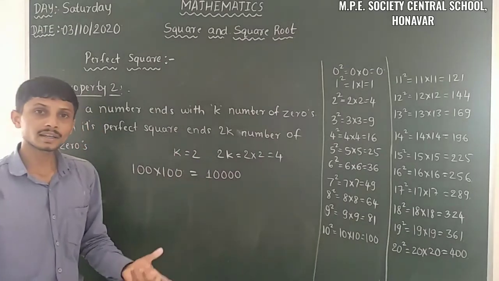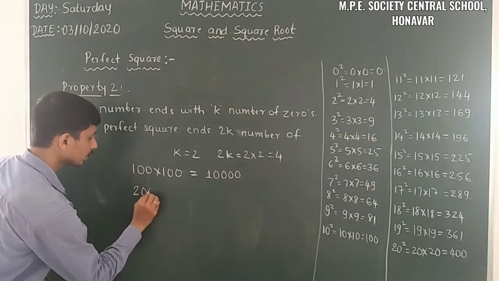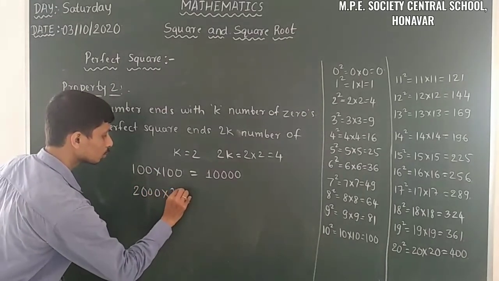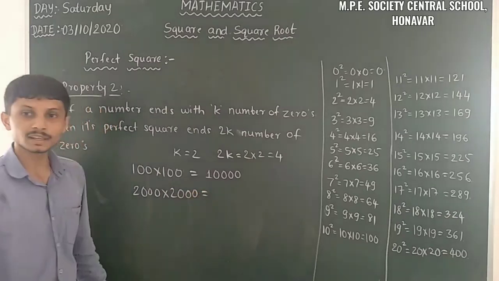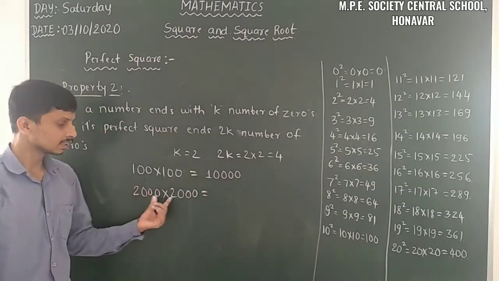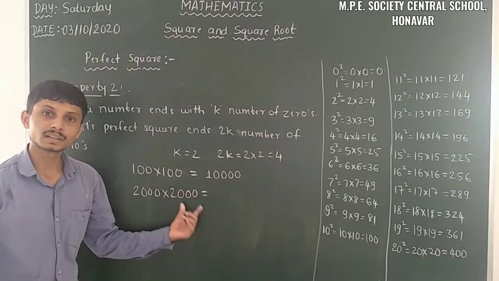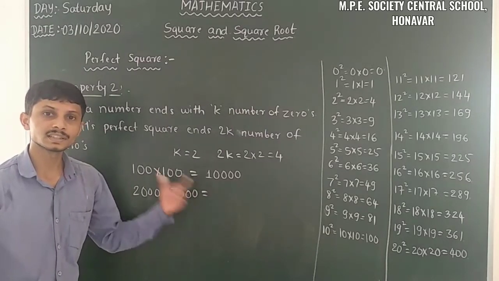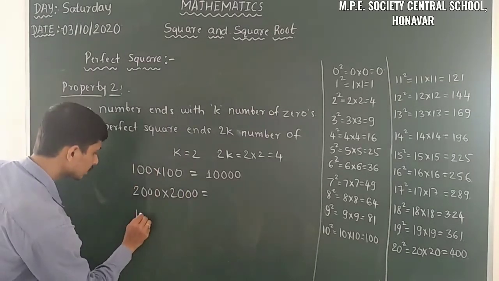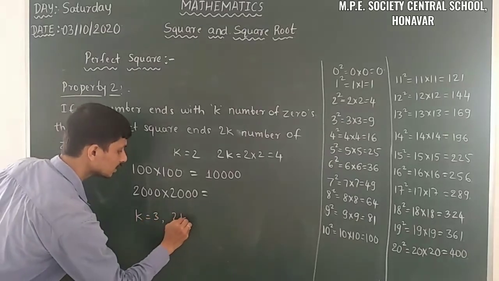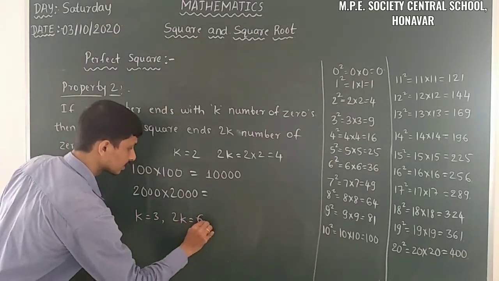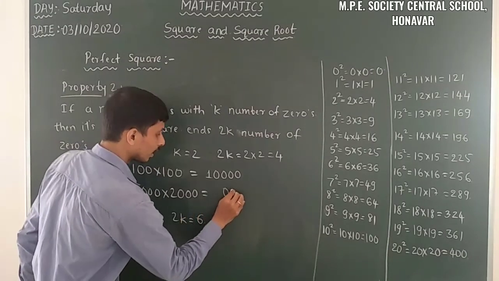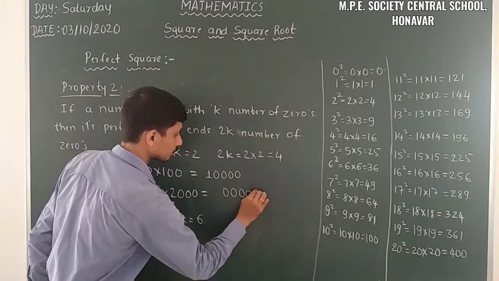Again, you can take any example: 2000 into 2000. Here the value of k is 3, so 2k is equal to 6, and you can add 6 zeros here.